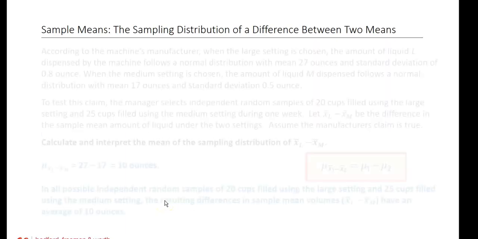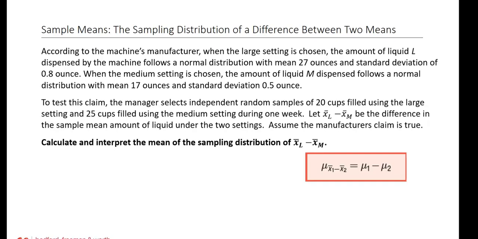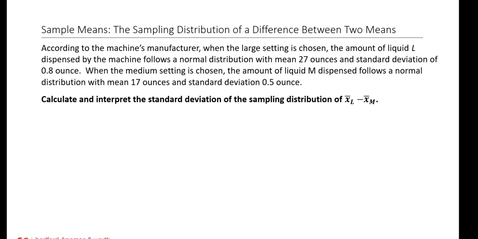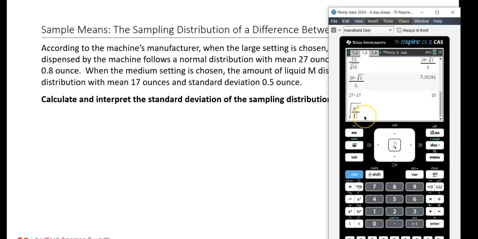Let me check. 20 for the large cups. Okay, sorry. So divided by 20 plus the standard deviation squared, which is 0.5 squared, divided by, I think that one was 25. I think that should be right.